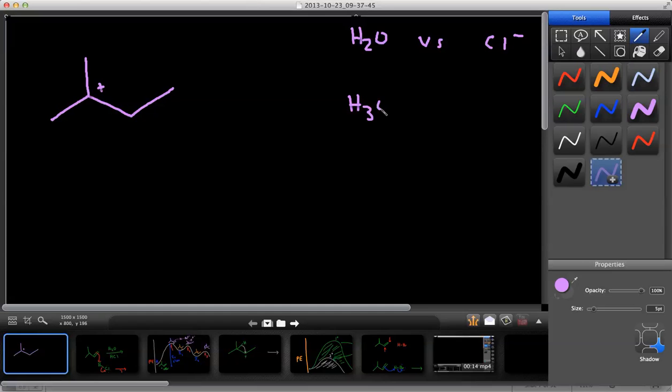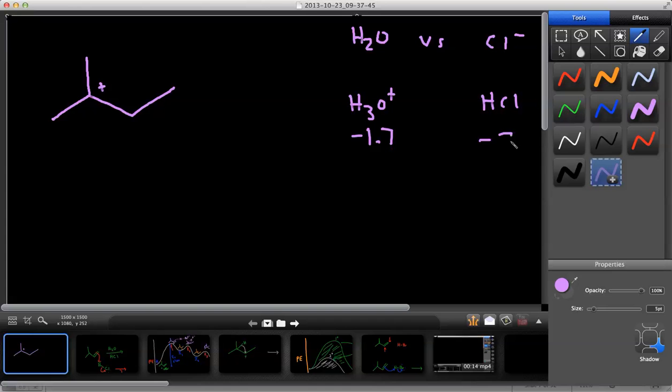Hydronium with a pKa of -1.7 and HCl with a pKa of -7. Lower the pKa, the stronger the acid. So HCl is the stronger acid, which means hydronium is the weaker acid, which means H2O is the stronger base.